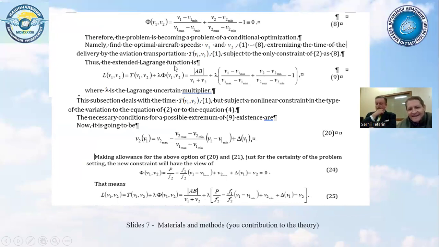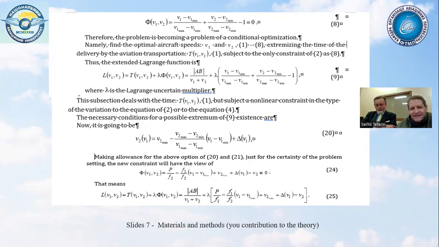It equals identically to 0. On that condition, we may construct the extended Lagrange function, formula number 9, with the uncertain multiplier. And then we can search for the minimal time of the delivery, which will be ensured by the optimal speeds.